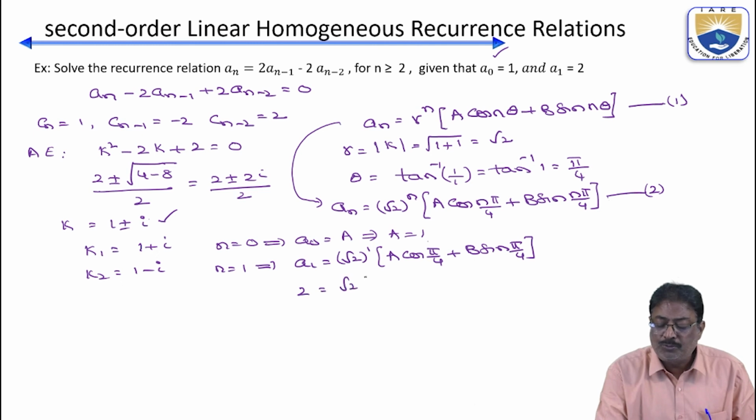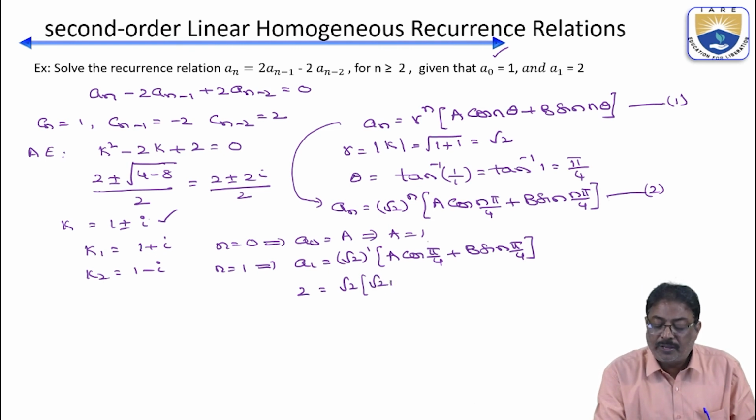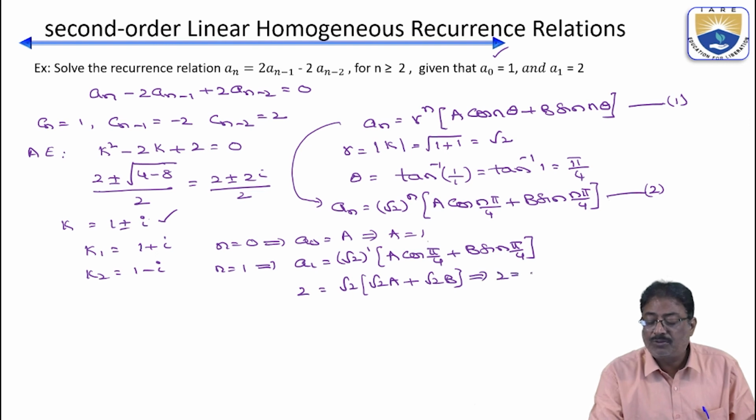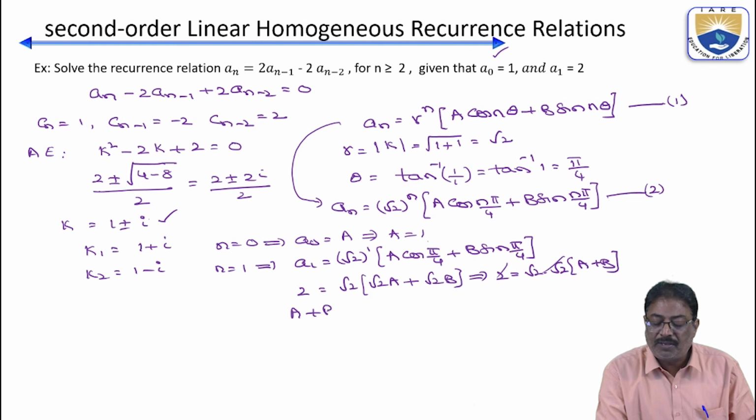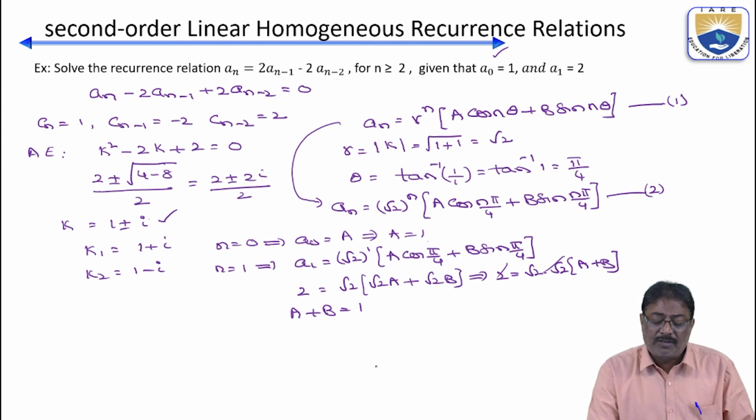This is root 2, and cos pi by 4 is 1 by root 2, so it is root 2 a by root 2, and then b by root 2. Taking 1 by root 2 as common, we get 2 is equal to root 2 into root 2 times a plus b. So after simplifying, we get a plus b is equal to 1.